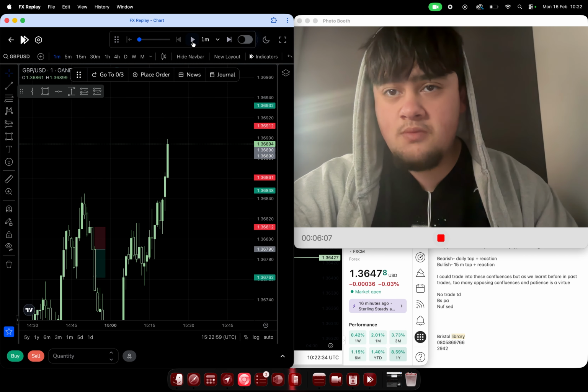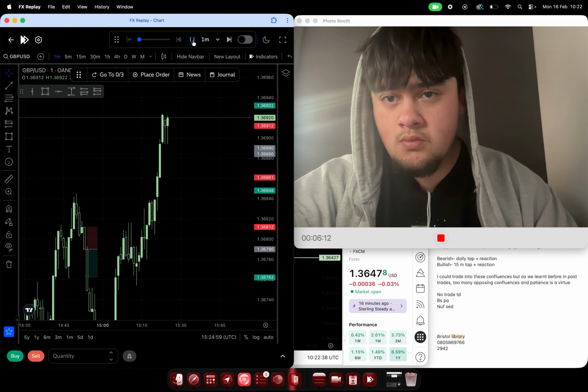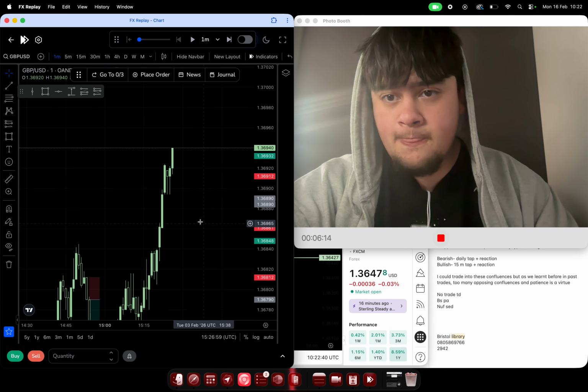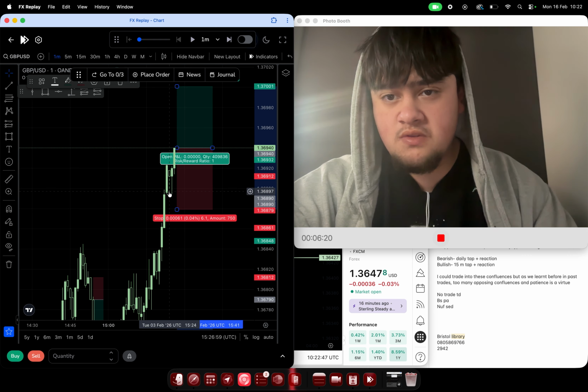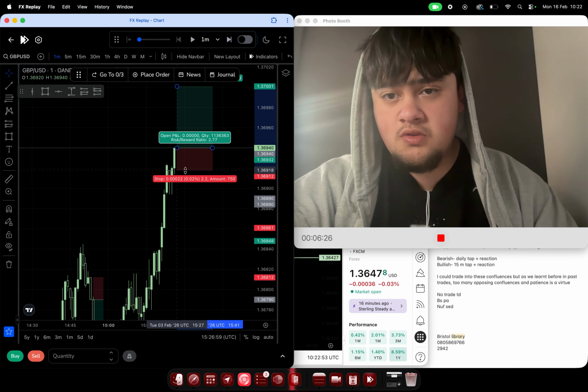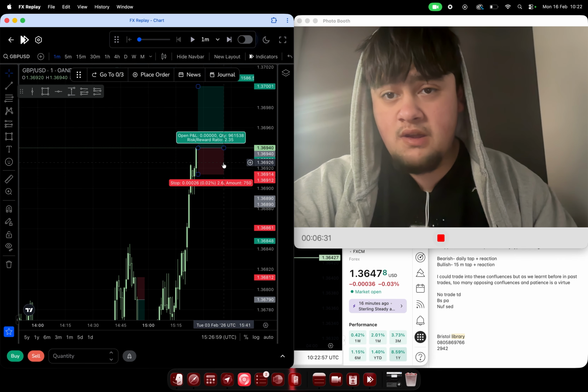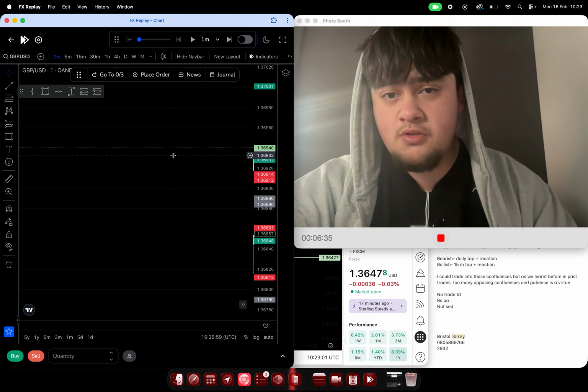So now it's in a strong uptrend. Now, see this, that was tap 1, 2, closure above, stop loss goes below the fair value gap. Now what we're seeing is if we are entering off opposing confluence.